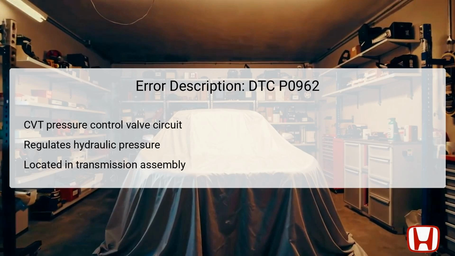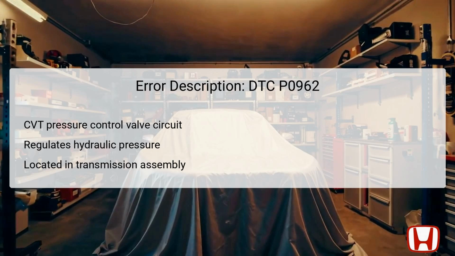The DTC P0962 indicates a low output from the CVT drive pulley pressure control valve circuit. This code signifies an electrical circuit-related issue, rather than a mechanical fault within the transmission itself. The CVT drive pulley pressure control valve is integrated within the transmission assembly and performs the essential function of controlling hydraulic pressure necessary for the proper operation of the drive pulley.